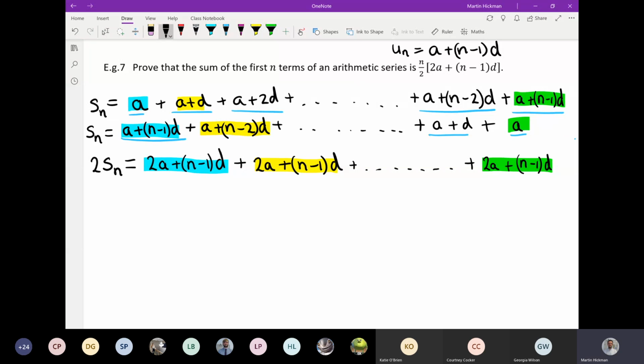So what we should notice there is that when we're pairing these together, you're always going to get 2a plus n minus 1 times d. In terms of adding them all together, in total I have n lots of those because there are n terms in my sequence.